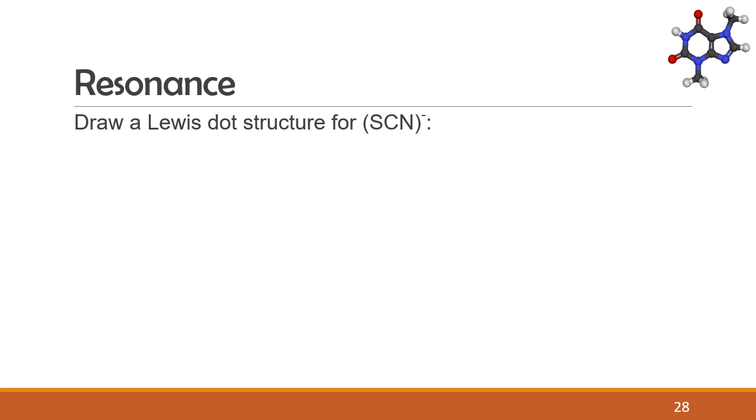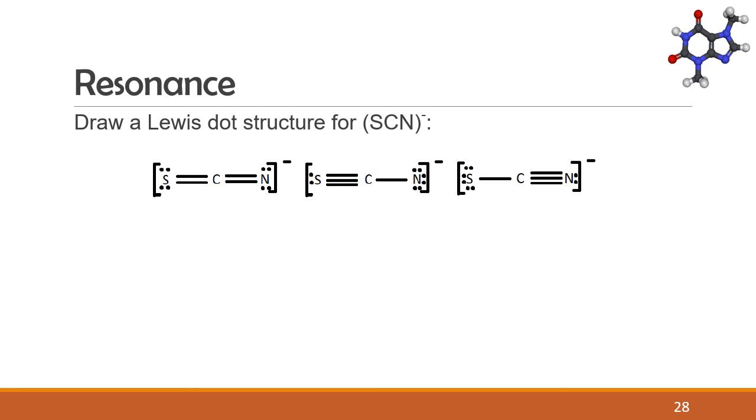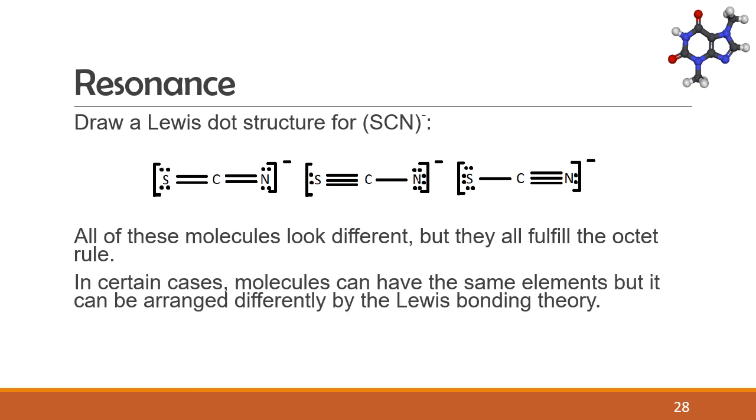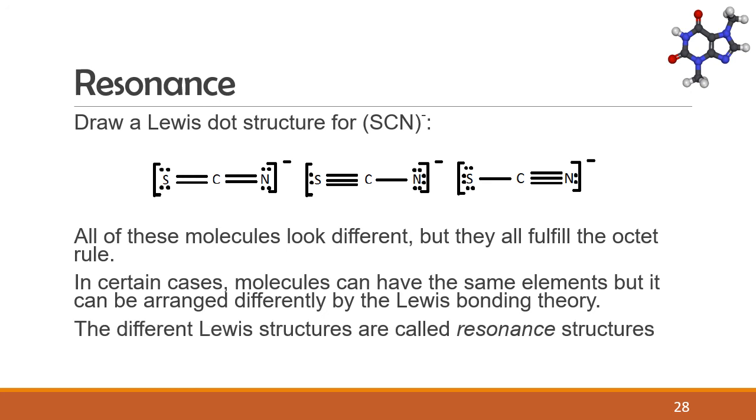If we were to draw the Lewis dot structure for the thiocyanate ion, we might come up with any of three possible structures. In all three cases, the octet rule is fulfilled and the formal charge is the same, that is -1. In certain cases, molecules can have the same elements, but arranged differently by the Lewis bonding theory. The different Lewis structures are called resonance structures.